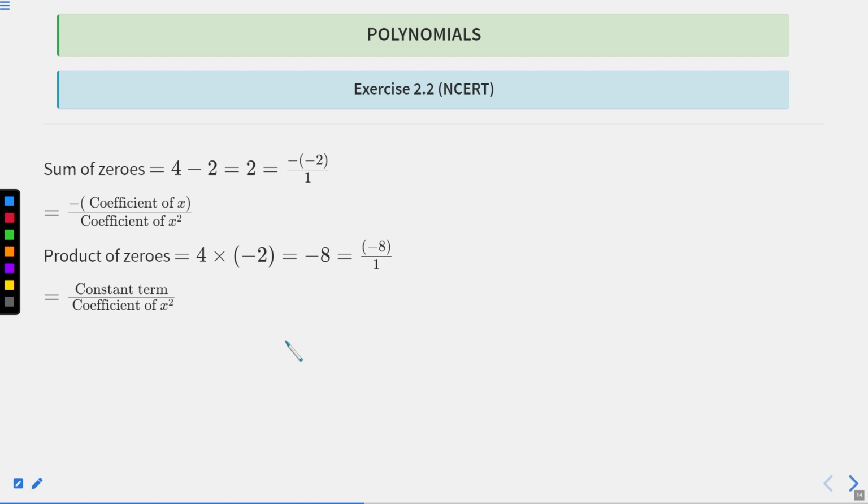So here the sum of zeros is 4 minus 2, since 4 and minus 2 are the zeros of this quadratic polynomial.